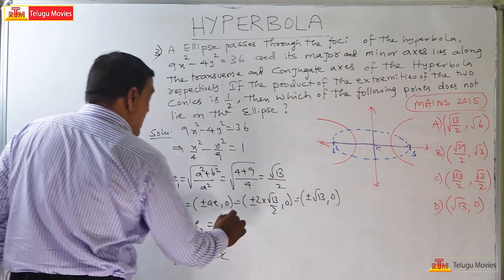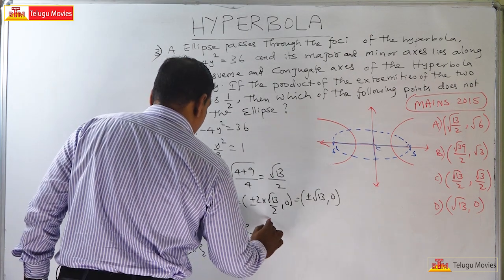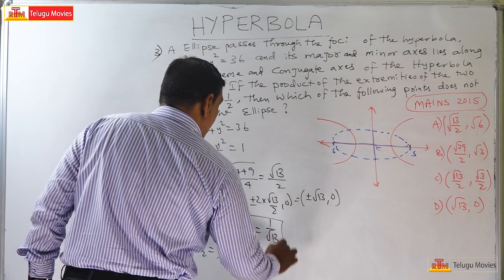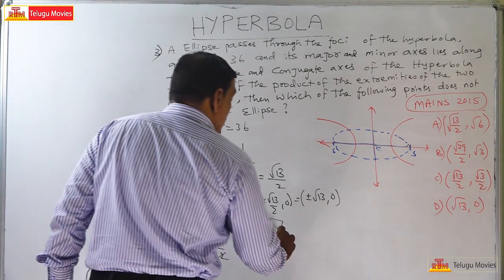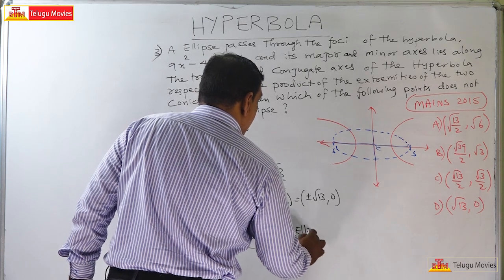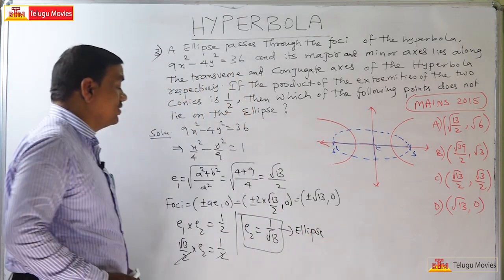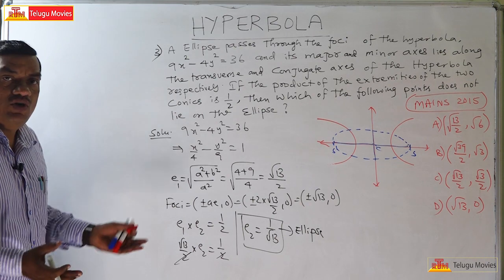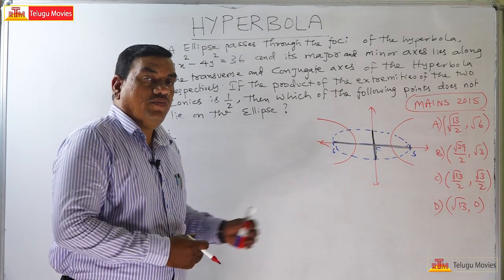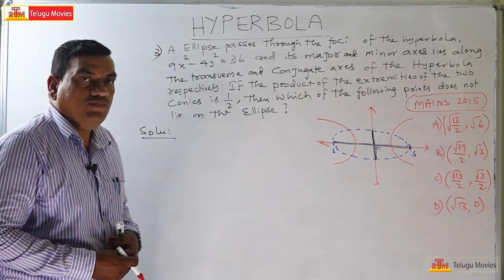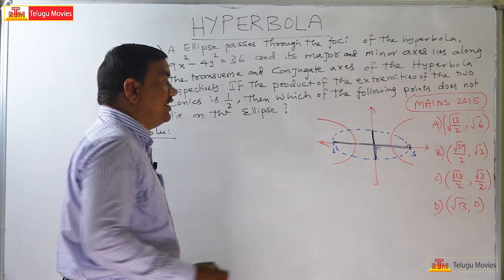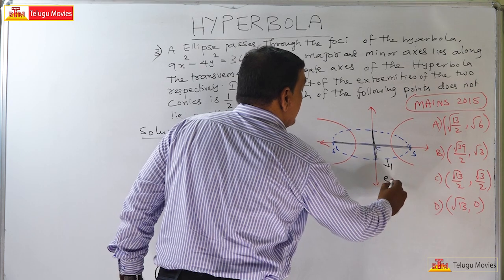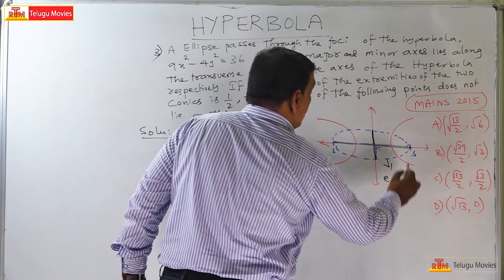The 2 will cancel, so e2 is 1 by root 13. So the eccentricity of the ellipse is e is equal to 1 by root 13, and almost the problem is over.